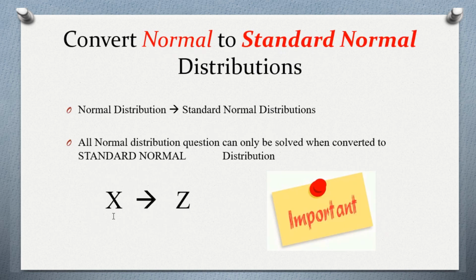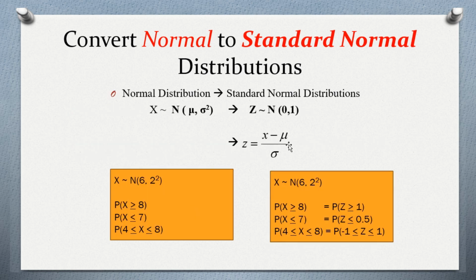Now you need to convert the normal to standard. You have done this in semester 2. These are only new terms. Normal to standard is basically changing it to z-score, same as semester 2. How do you change to z-score? X minus mean divide standard deviation. Same thing. So if your normal distribution is N(6, 2 squared), that means your mean is 6 and 2 squared gives your standard deviation. So how to change 8 to z-score? 8 minus 6 divide 2.